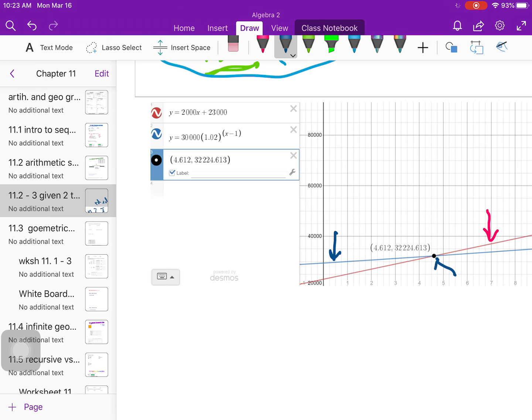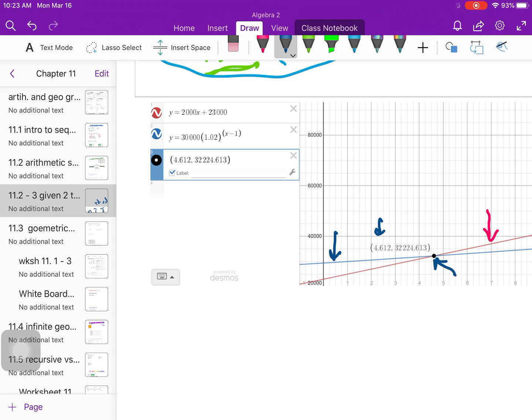So on your calculators, you would calculate intersect through second, trace, and then choose number 5, intersect. And we see that happens after 4.6 years and at $32,224.61.